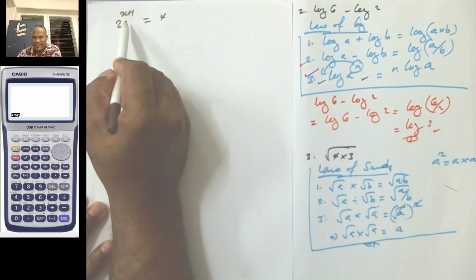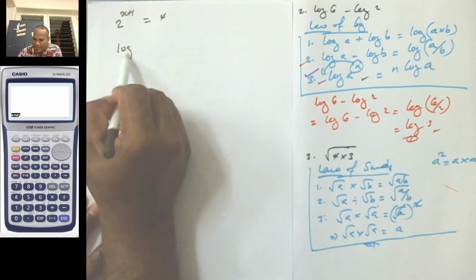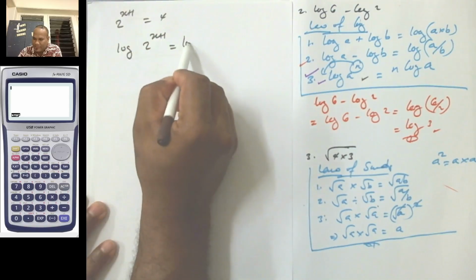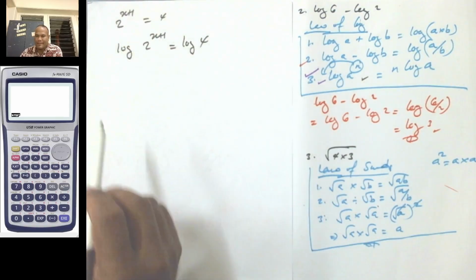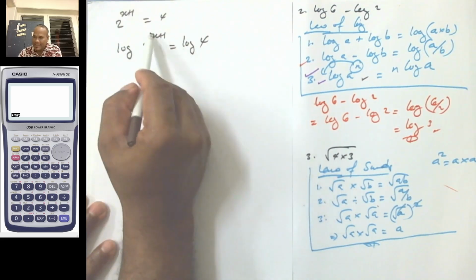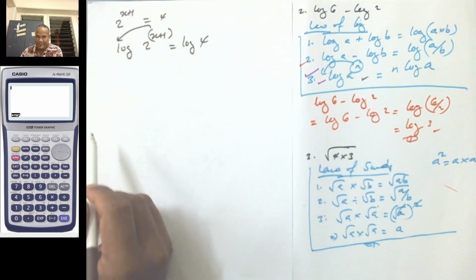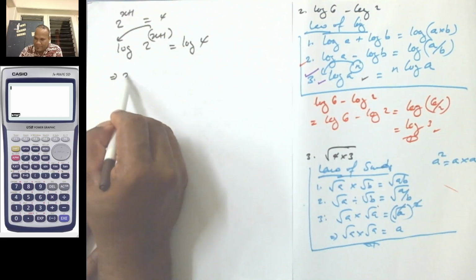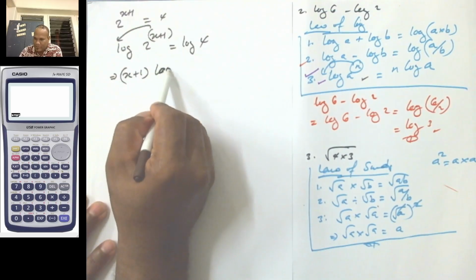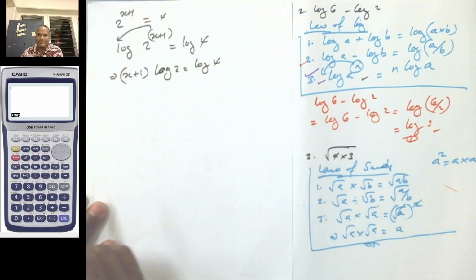As the power is x and I want to find x, I'll put log on both sides. Log 2 to the power of x plus 1 equals log 4. Once I put log on both sides, I have the right to take this power in front. So this is x plus 1 times log 2 is equal to log 4.